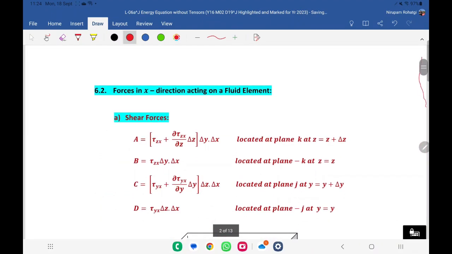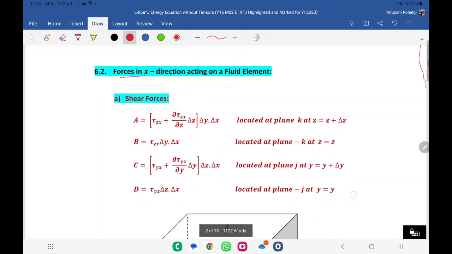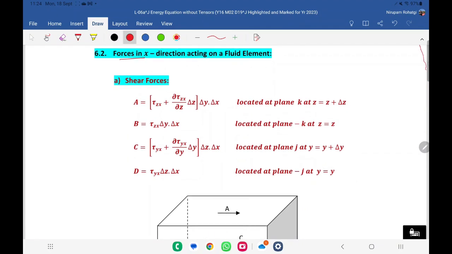Now first what we are doing is we are writing forces in x direction. Again, we are doing it just to save our space and the confusion. So first we talk about the shear forces, and all these forces we have already talked about, right? A, B, C, D, and there will be E, F also and G, H also, but they will not be shear forces.